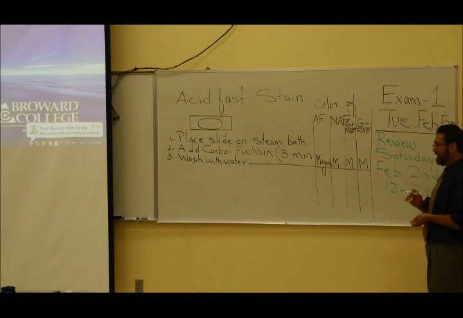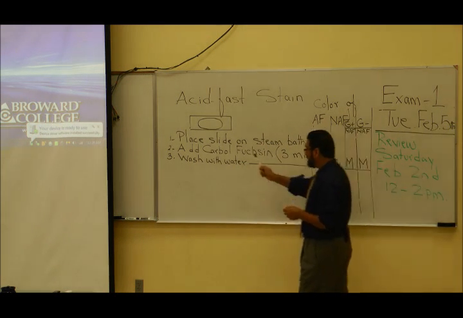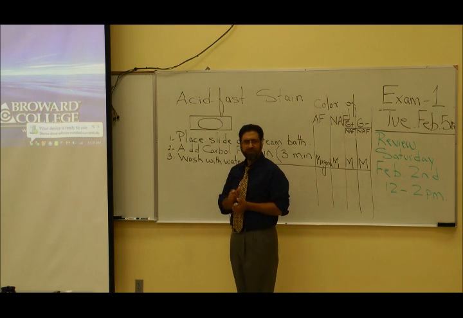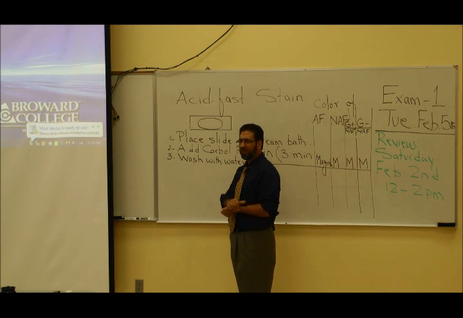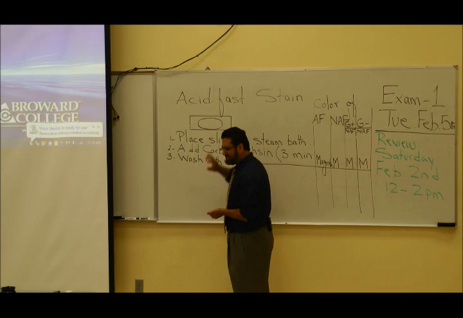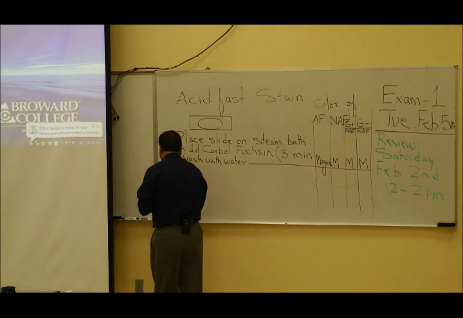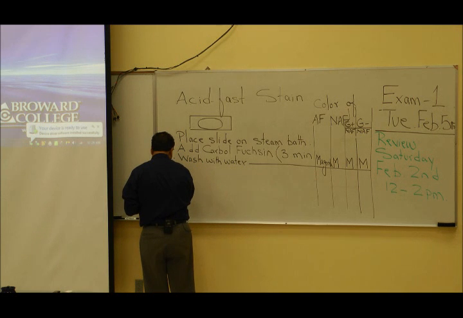All right. Here comes the most crucial step of this staining procedure, which is decolorization. For decolorization, we use a much stronger decolorizer. In gram stain, what do we use? 95% ethyl alcohol. For acid-fast stain, we use a much stronger decolorizer, which is called acid alcohol.